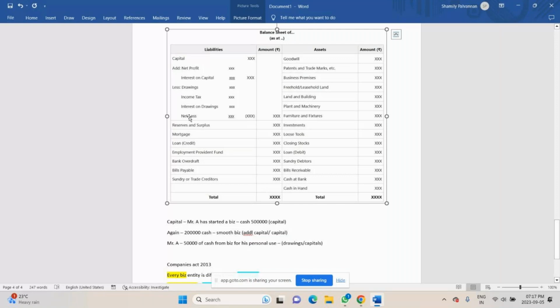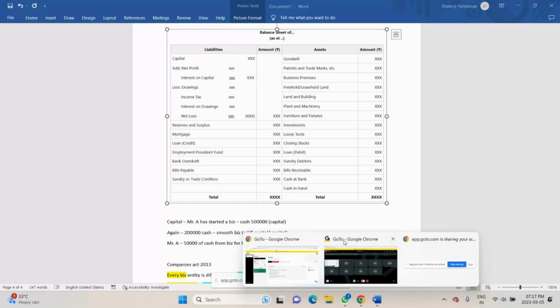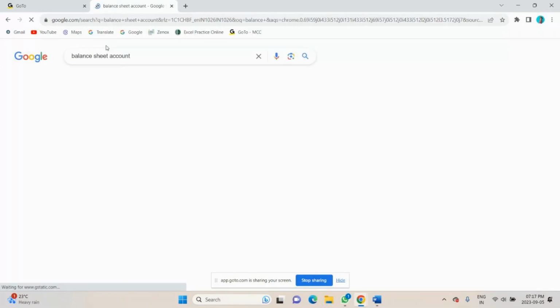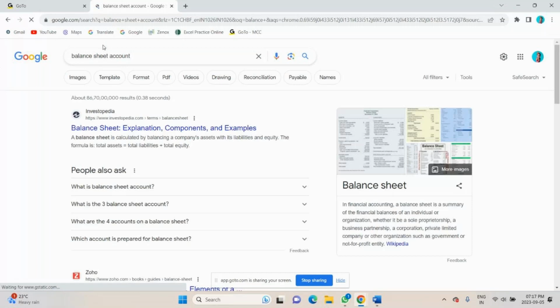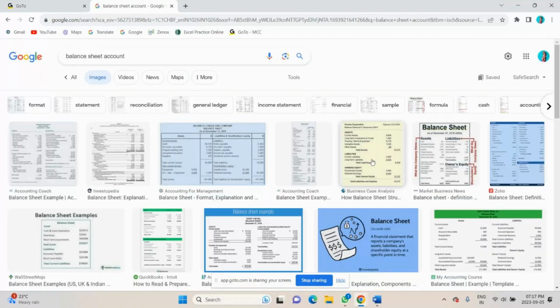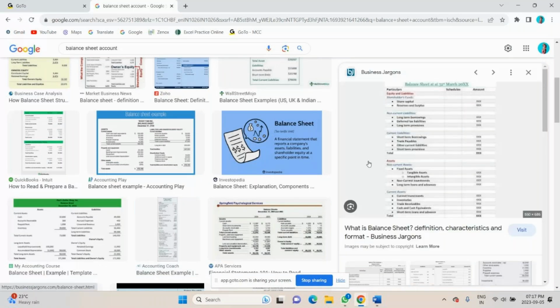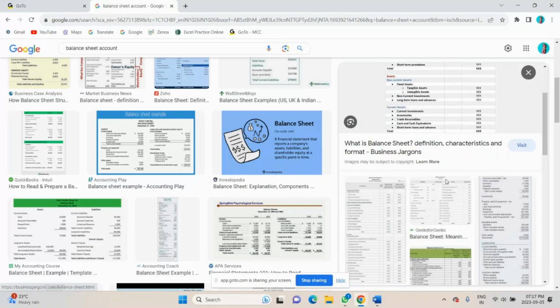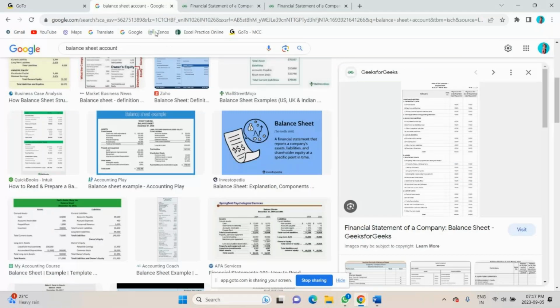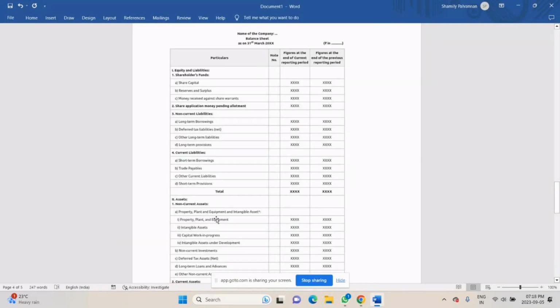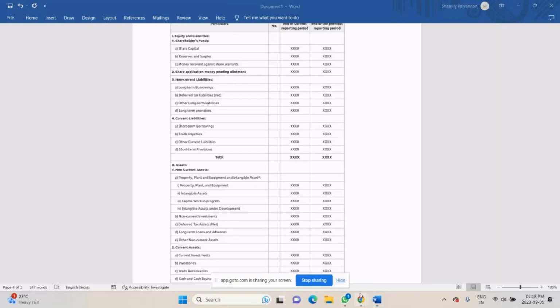I think this format is wrong. Let's look for some other good format.